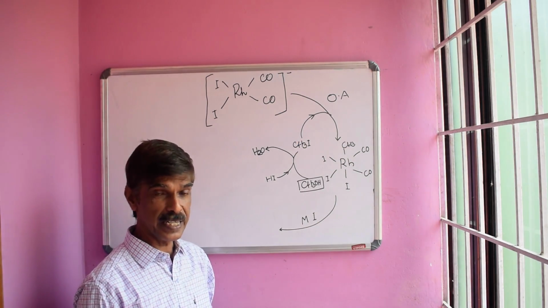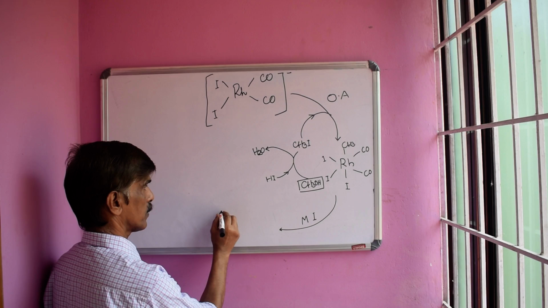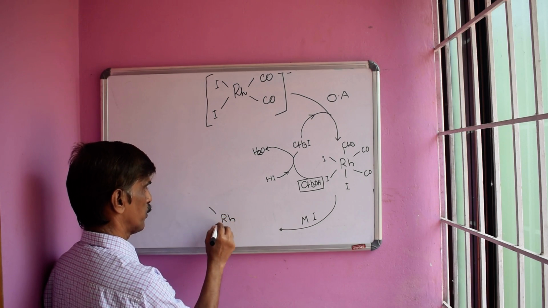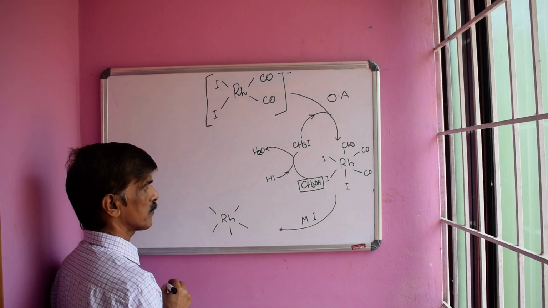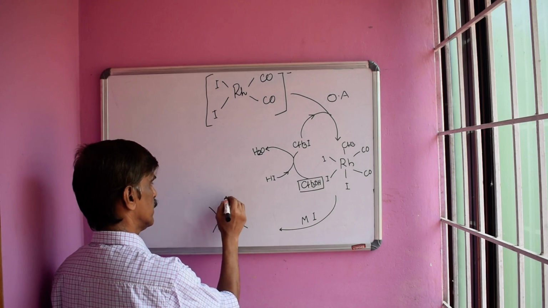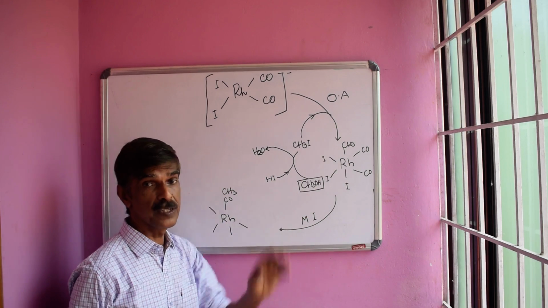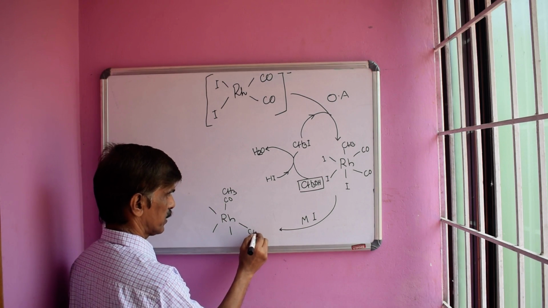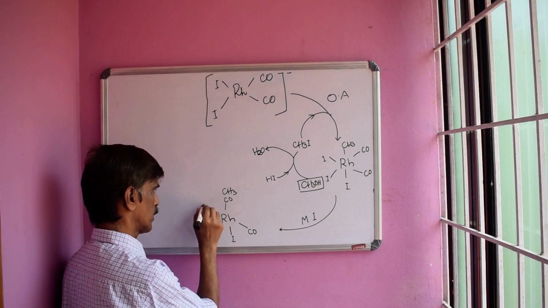That is called migratory insertion, and the product formed has COCH3. That is, CH3 is converted into COCH3. This position becomes vacant, the other carbon monoxide is here, and the 3 iodides remain in their position. Okay.